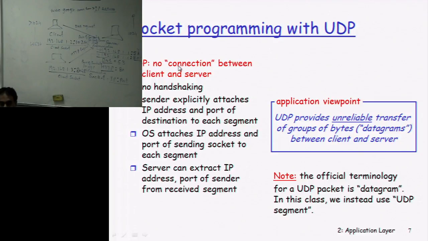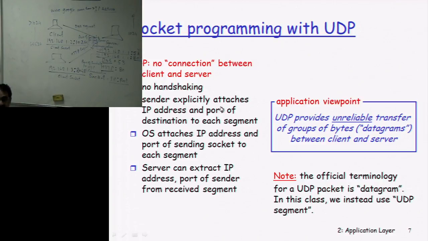UDP is a connectionless protocol. That is why UDP is not asking for a connection between the client and the server. So no handshaking is required. There is no need of establishing a connection between the UDP client and the server.